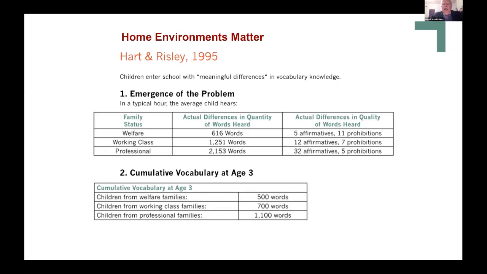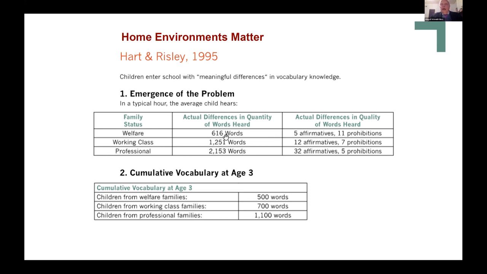So here's an example of how family background is associated with fluency. You can see, for example, that children who are in the welfare status, in other words, their parents are less educated, and they tend to be less wealthy and have not many advantages, as opposed to professional children from professional families, where the parents are educated and there's wealth, or at least money.